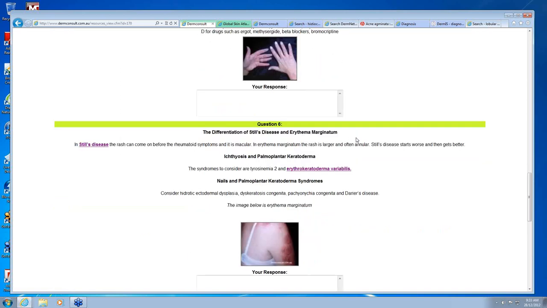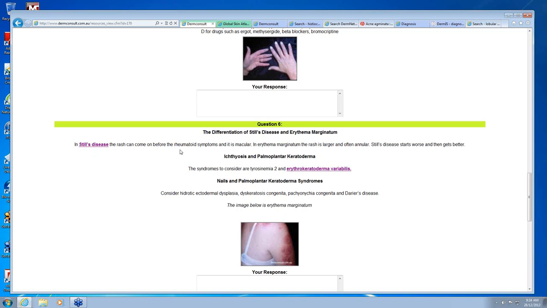What have we got here? The differentiation of Still's disease and erythema marginatum. Well, Still's is juvenile rheumatoid, and erythema marginatum is one of the rashes you can get in, I think, rheumatic fever. Now, in Still's, the rash can come on before the rheumatoid symptoms, in other words, before they get the joint swelling.